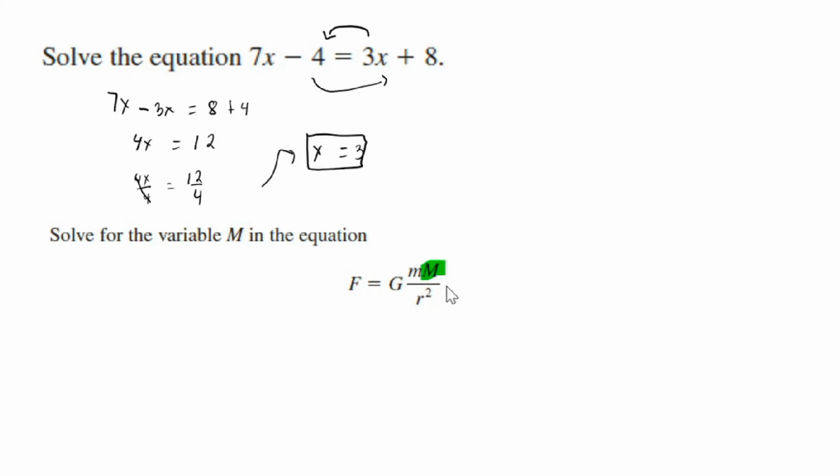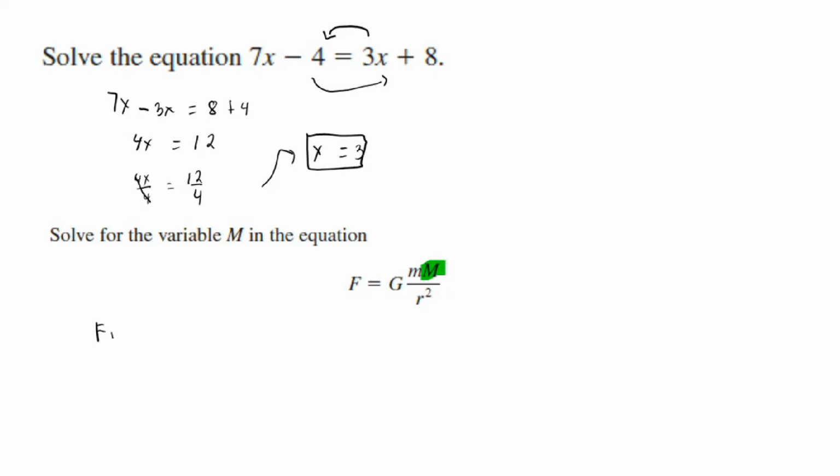So first of all, I'm going to cross multiply the f and the denominator on the right hand side. I can cross multiply that one because there's only one term in the right hand side. So multiplying that one, it becomes fr squared.